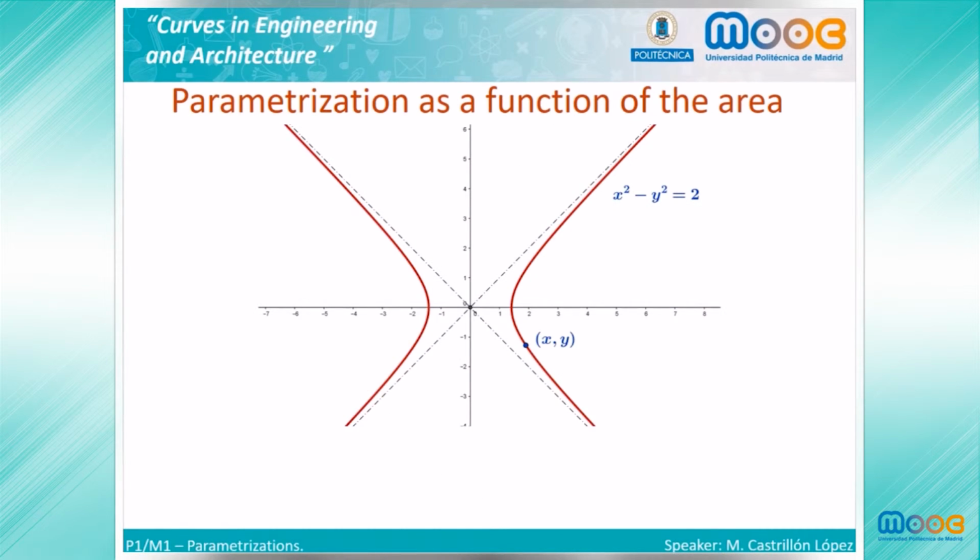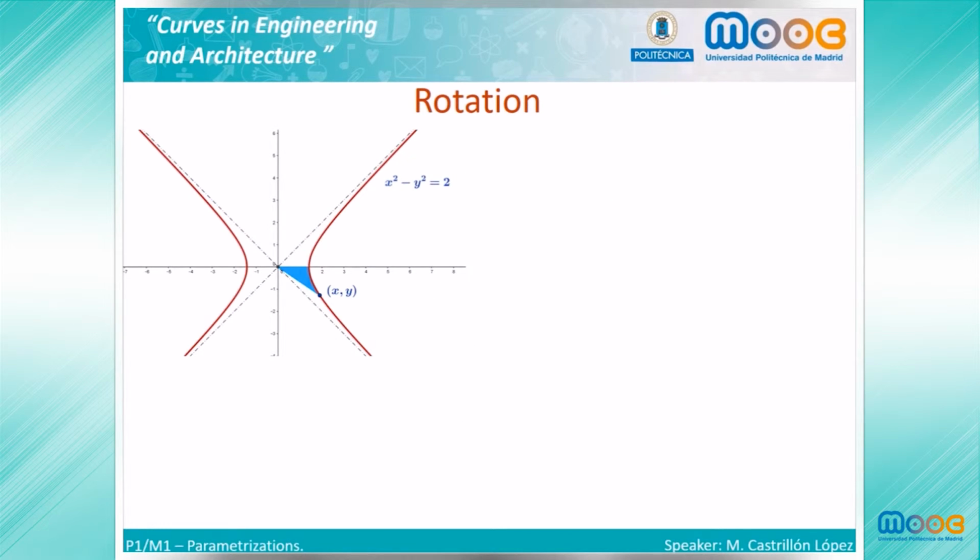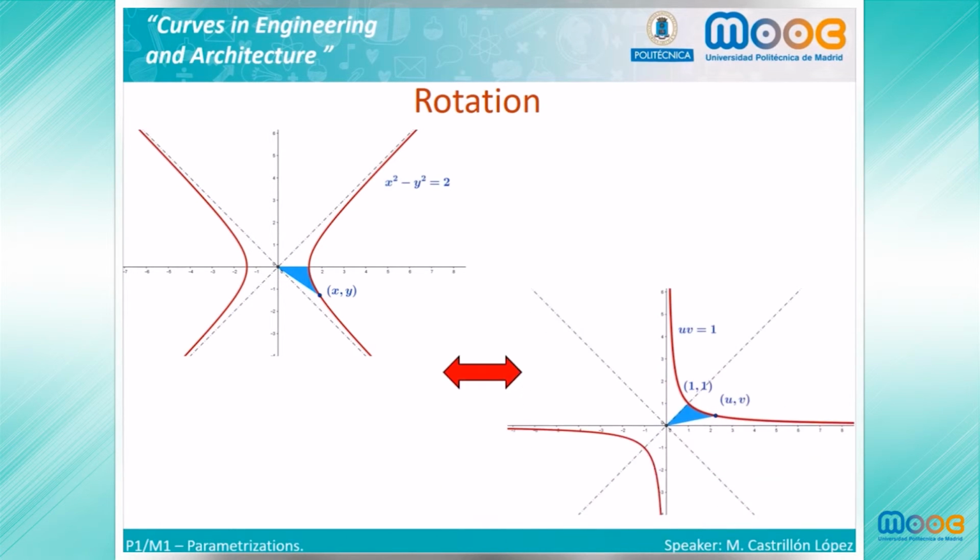For a second parametrization of the hyperbola, as we did with the circle, we are going to use the area of the region defined from the horizontal axis. That area is the blue region on the screen. We can work much better with this blue region if we rotate the hyperbola 45 degrees.